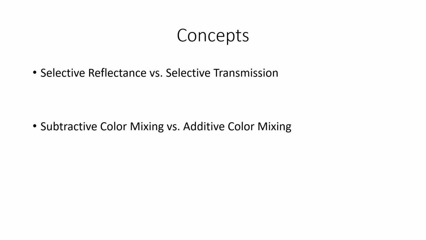And then I ask, is this subtractive color mixing or is this additive color mixing? You want to think that through for a moment of what you think. Usually people say additive color mixing because we think of just mixing colors together as adding colors.